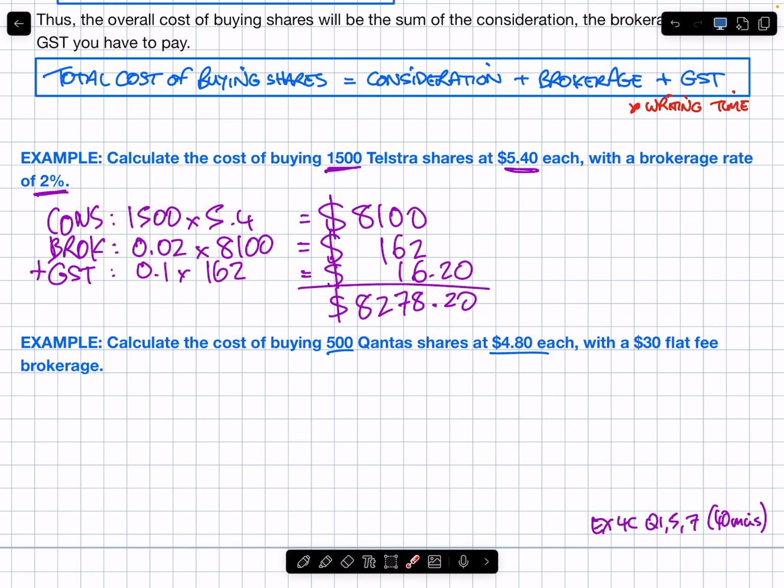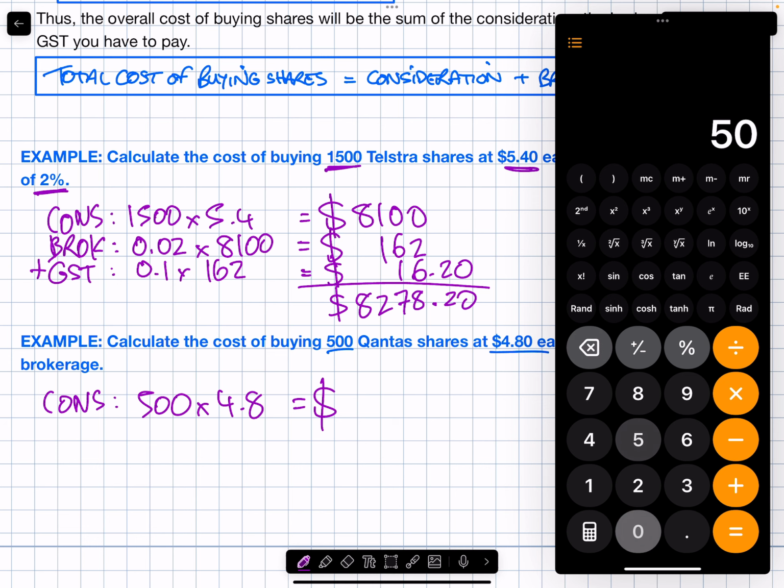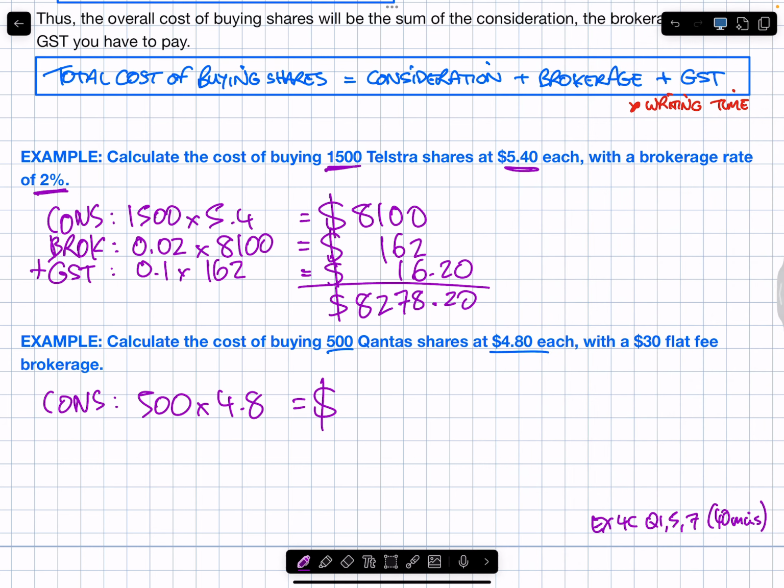All right, you tell me what the working out is going to look like for this one. Cons. What would I times? Yes? 1,200 times 4.8. Equals? That equals $2,400. Brokerage. Now if I read the question, $30 flat fee.